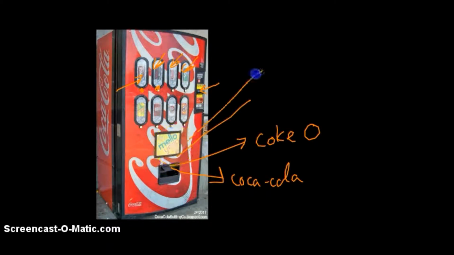Sprite, output Sprite. As you can see, every time we press one button, it corresponds to a different output. So what we want to get in mind is that when we input a value, we get another value as our output. The domain in this case would be these buttons for these different drinks, and the output would be the drink itself. So the command actually works as a function.